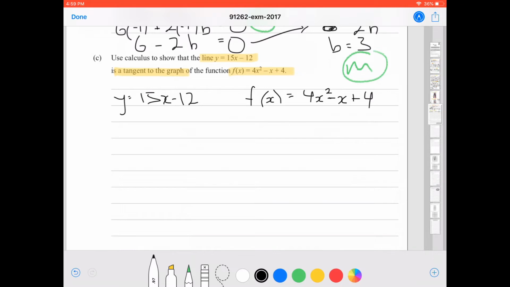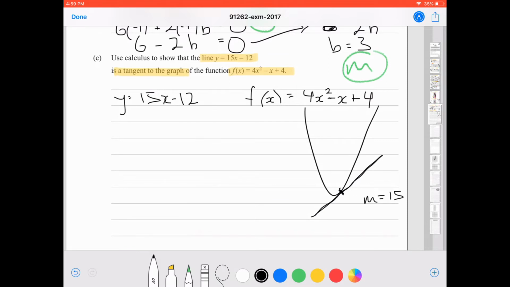So we could, I guess, just illustrate this again. So you've got a positive parabola. Now our tangent line, or our line y equals 15x minus 12, has a gradient of 15, so it's a positive gradient. So like that, for example, touches in here where the gradient is 15. Okay, and I think this information around the gradient is actually what we're going to use to prove that our straight line is a tangent.